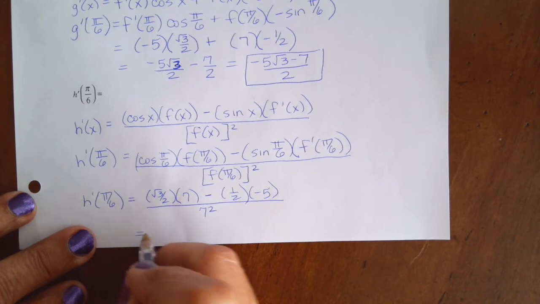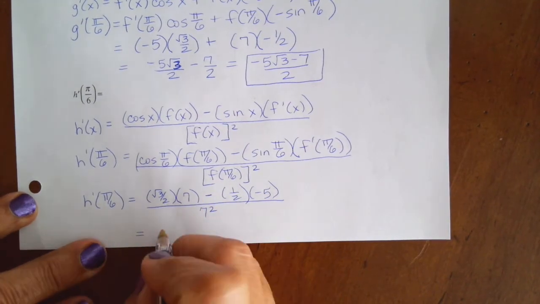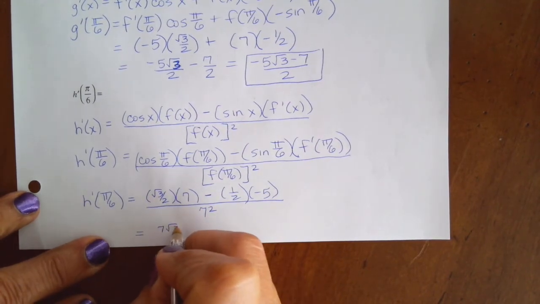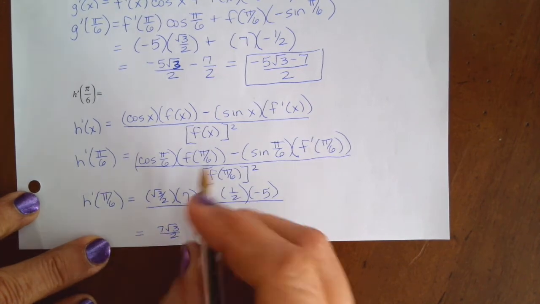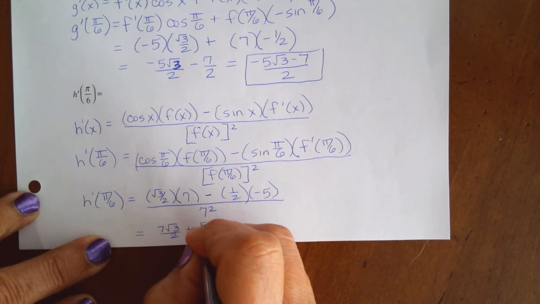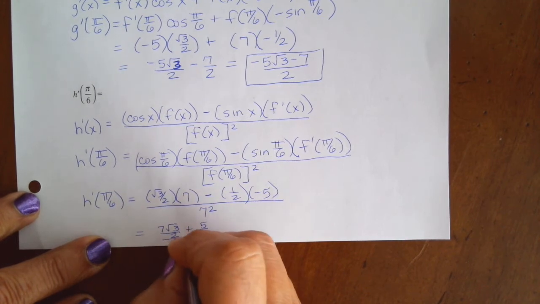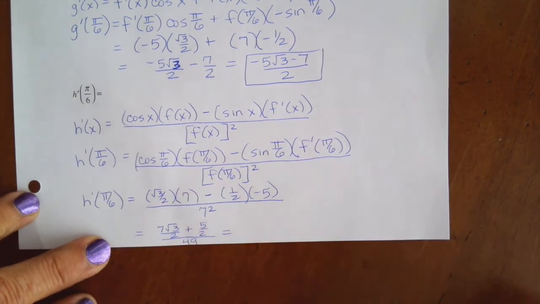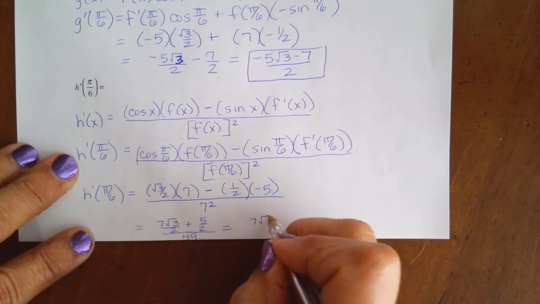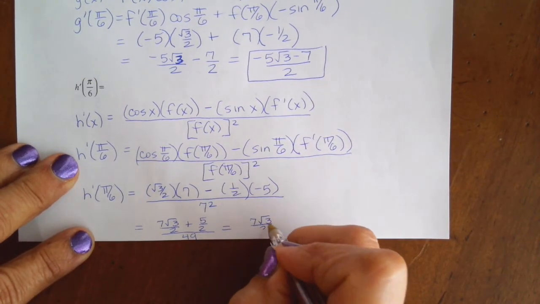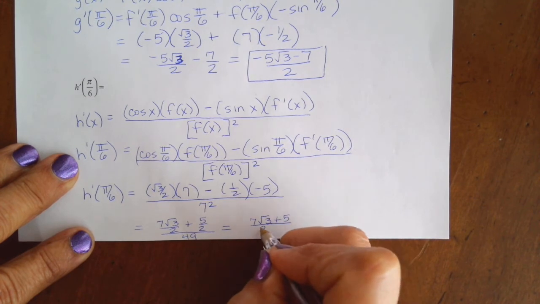All right, so what does that give us? Multiply this, we've got 7 square root of 3 over 2 minus, nope, it's going to be plus, negative times a negative, so plus 5/2, all over 49. Okay, so that equals 7 square root of 3 over 2 plus 5 over 2.